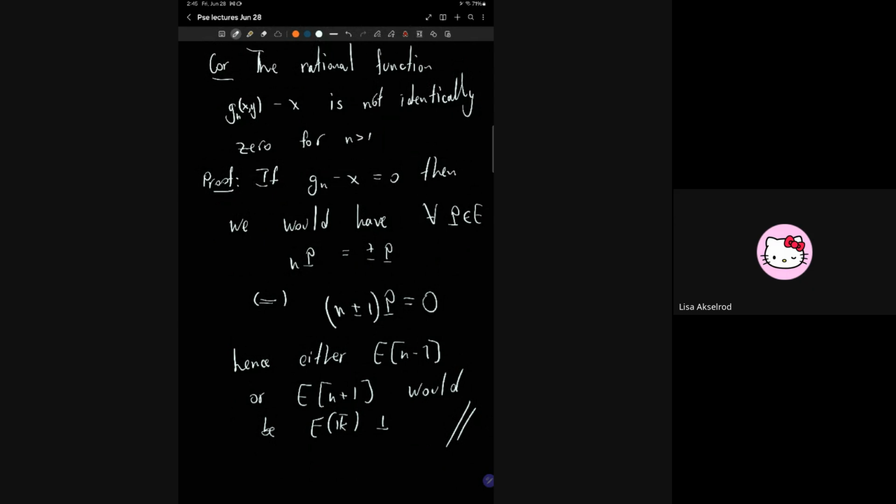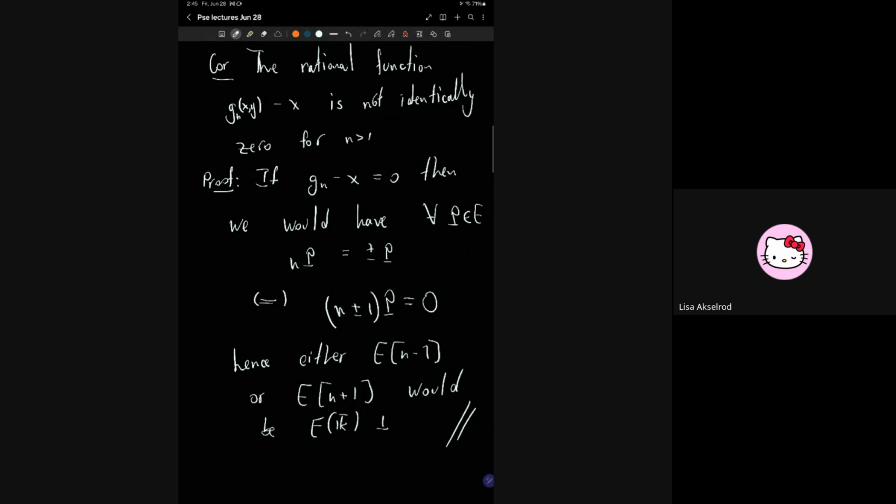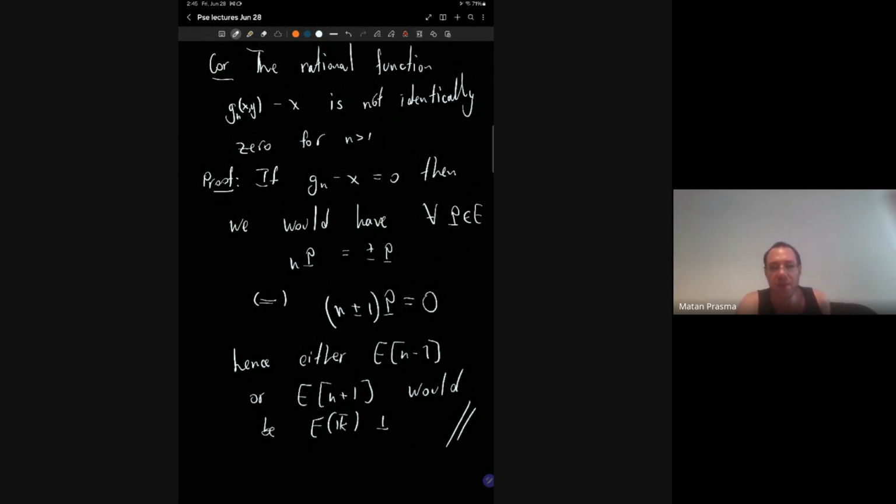What is our plan for the next 2 sessions that will be before the break? So I want to show that the number of elements in E[n] is n squared. For that, we will need to examine carefully the functions Gn and Hn. So we will calculate, for example, the leading coefficient of Gn and Hn.